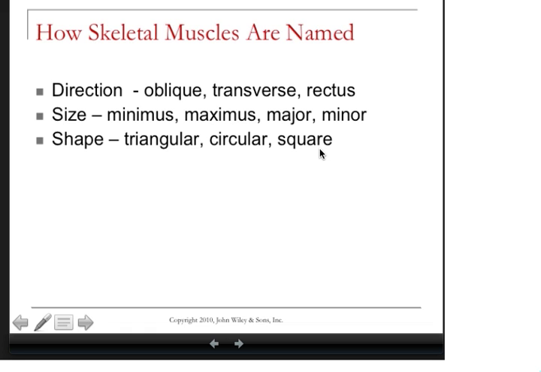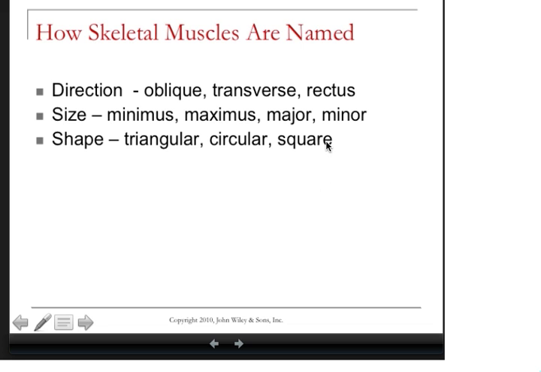I'm trying to think of a better one here. Let's see, a perfectly square muscle, good example. It's going to be one of the adductor muscles of the femur, and I believe it is the quadratus femoris, the quad femoris.